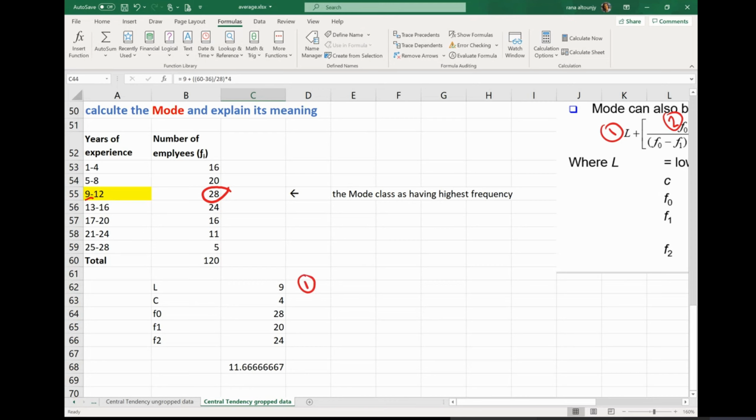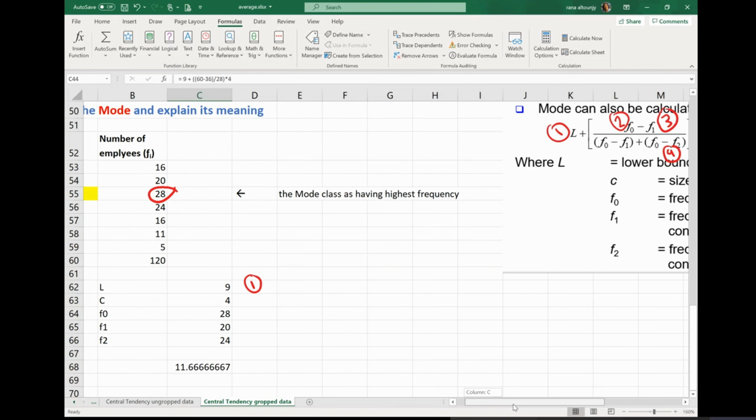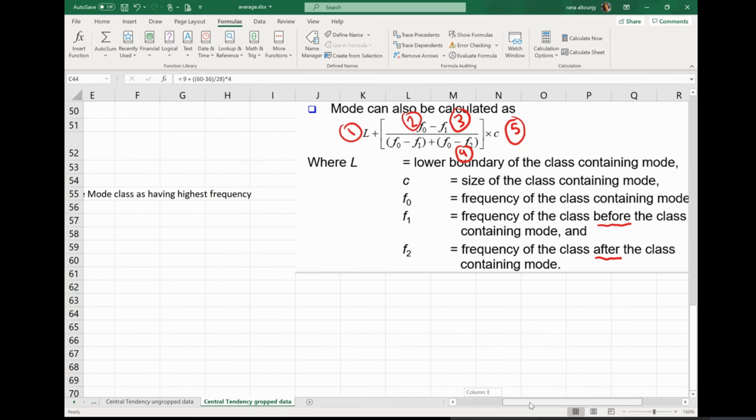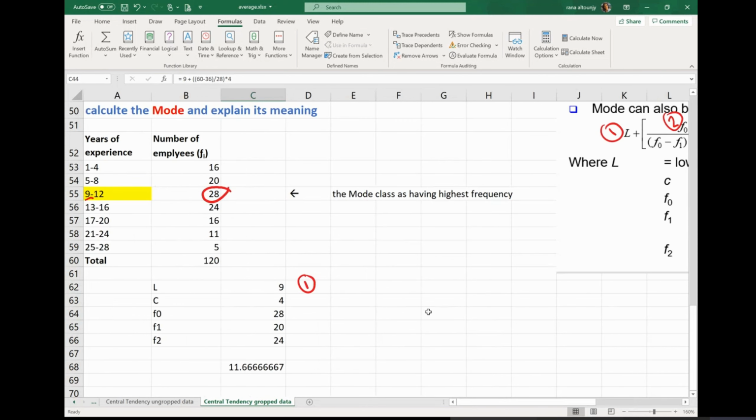This is the class containing the mode, and the lower boundary is 9. This is number 1. We need to calculate F0, the frequency of the class containing the mode. The frequency of the class containing the mode is 28. This one is F0.